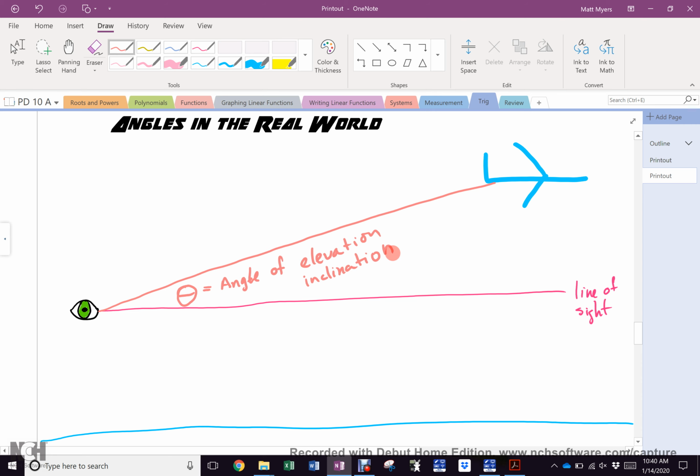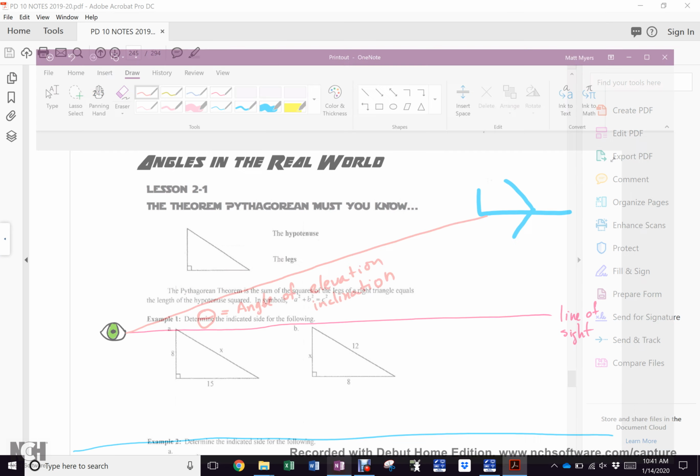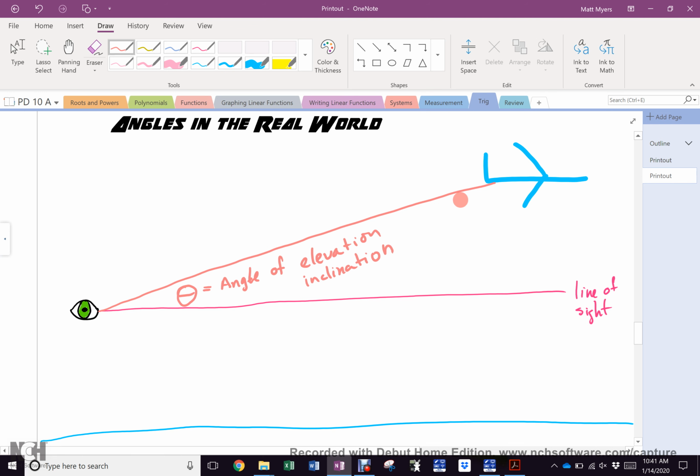The plane flies away. Where does my eye return? Back to my flat line of sight. Then I see a $5 bill on the ground.